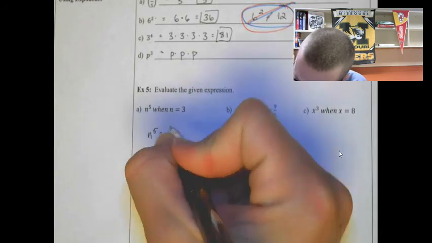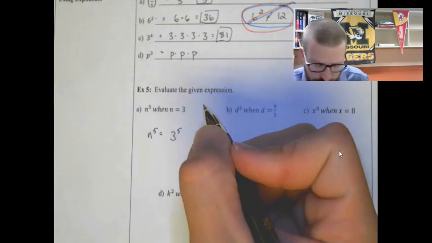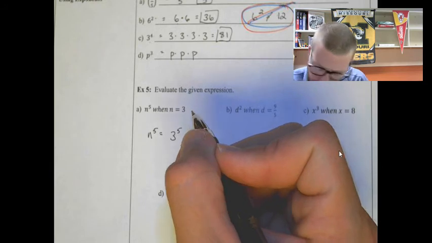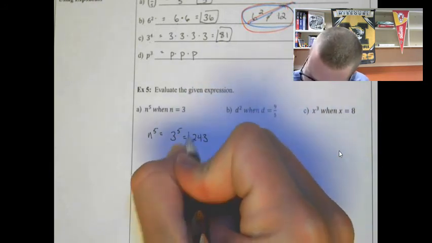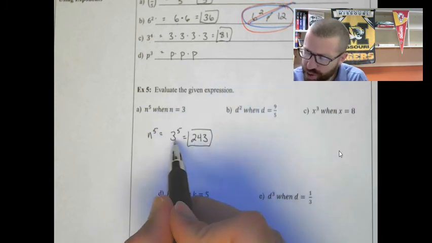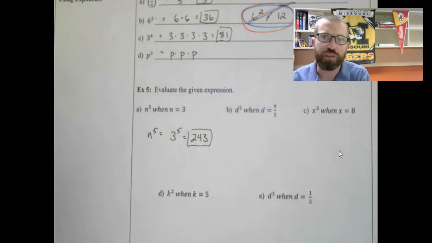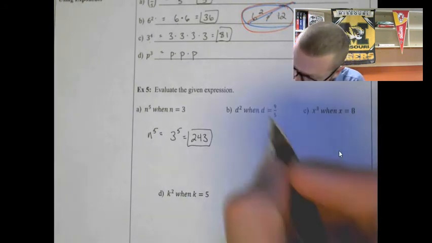Well, if n is 3, then that would be 3 to the 5th, which would be 243. And you can use a calculator for that, or you could also leave it as 3 to the 5th. If you have a bigger exponent, it becomes acceptable just to leave it as the exponent, the bigger and bigger the numbers get.